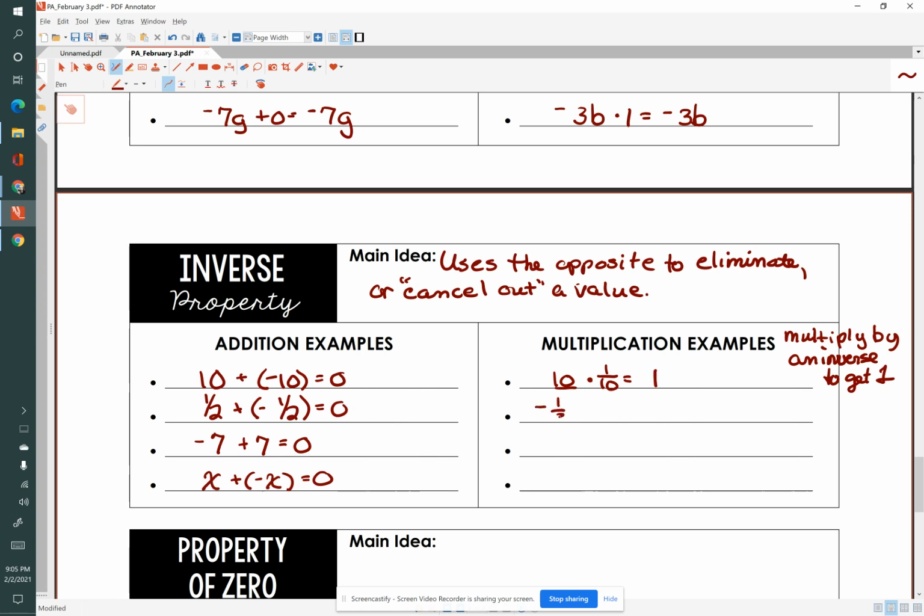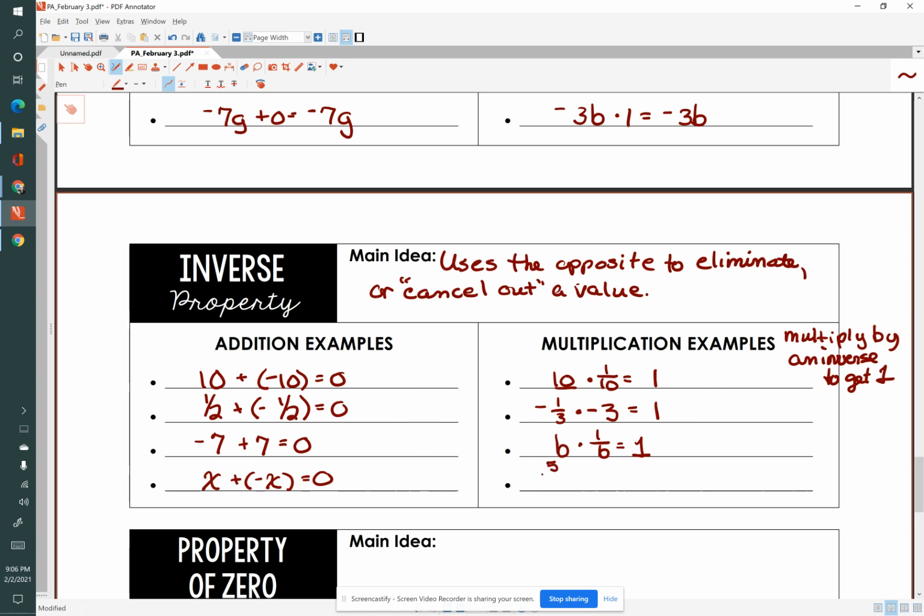Negative 1/3 multiplied by negative 3 would give us a positive 1. Negative times a negative is a positive. B multiplied by 1 over b would equal 1, because we would end up with b over b, which equals 1.